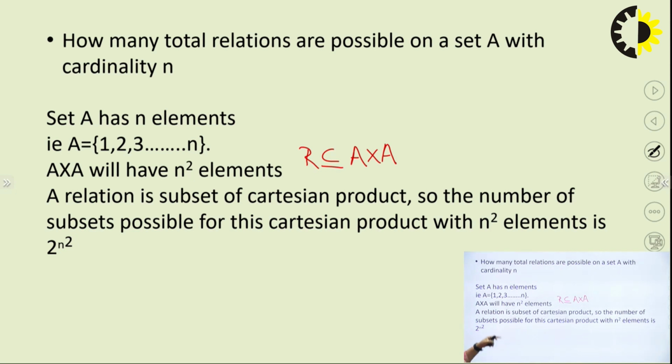We know this by the definition of a relation. Now if I have n square elements, then with these n square elements, how many subsets are possible? How many subsets we can make? So number of subsets is equal to 2 to the power n square. So that means a total of 2 to the power n square relations are possible for a set A which is having a cardinality n.